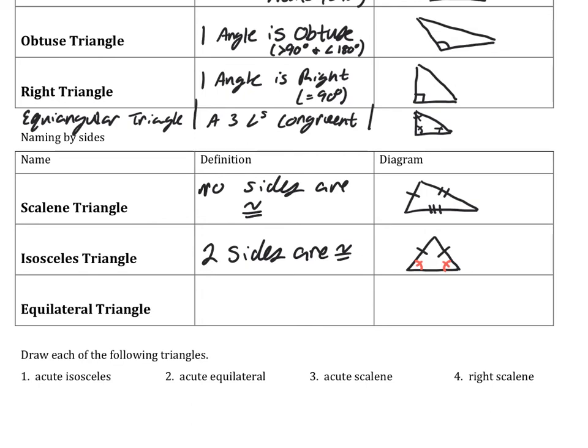Okay. And then last, just like we have the equiangular triangle, we have an equilateral triangle. So equilateral sides, that's where all three sides are congruent. So if I drew a triangle like this, all three sides would be congruent.